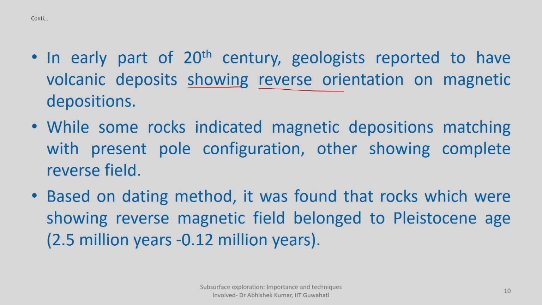The rocks are primarily coming from the mantle, as I mentioned, consisting of iron and magnesium, and because of their magnetic character, when these rocks come onto the surface, the magnetic minerals get oriented in the direction of the present magnetic north and south pole configuration. At that time these minerals came onto the surface and got cooled.